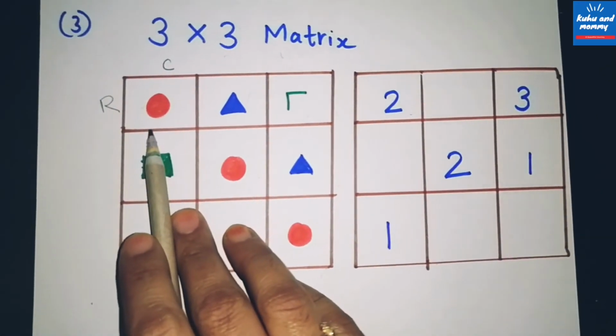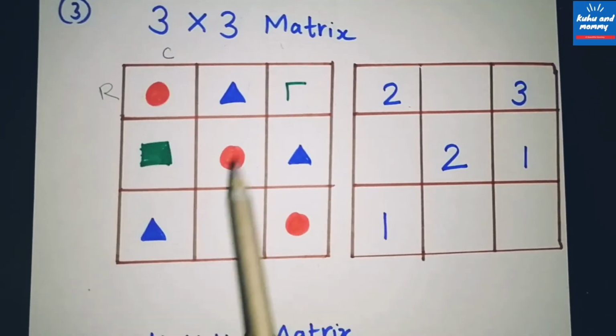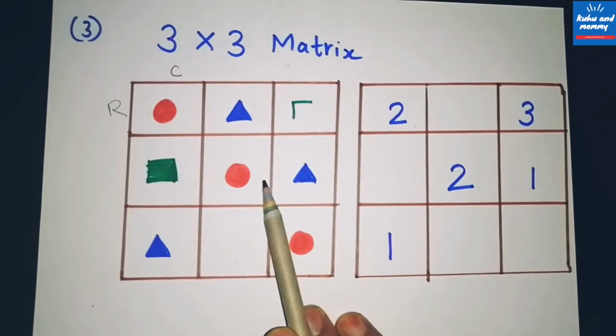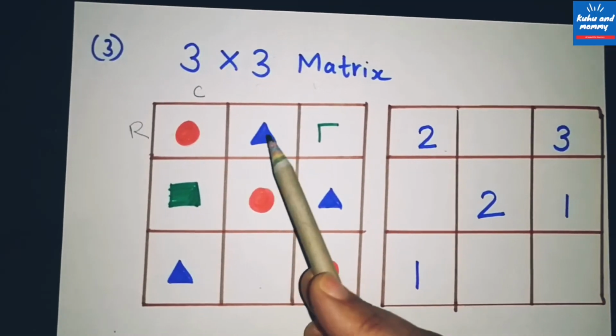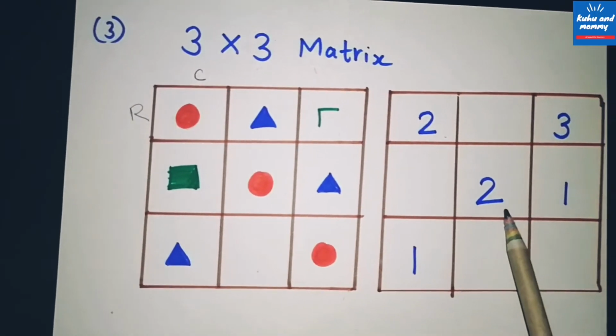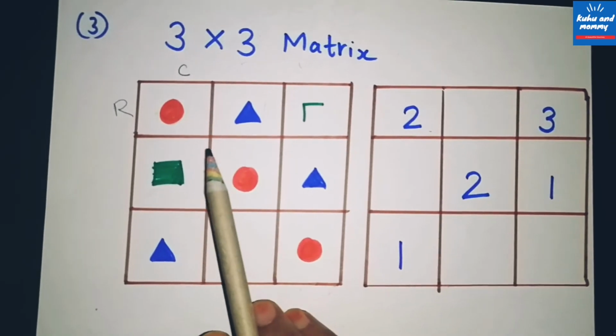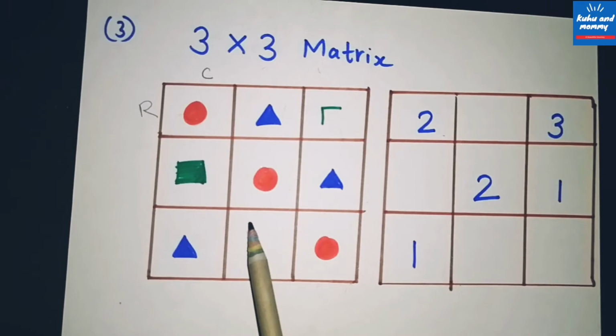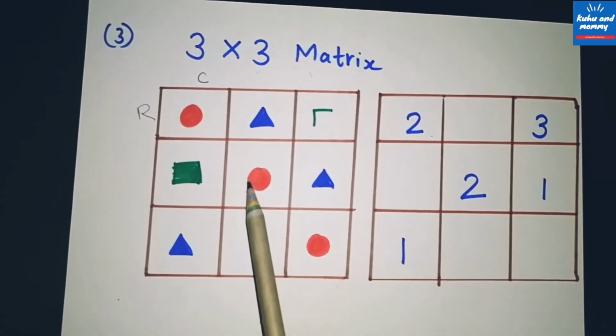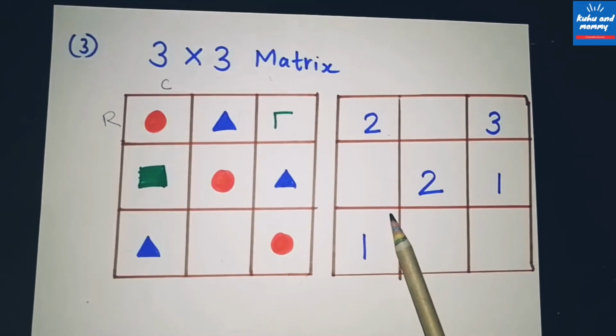So in a 3 by 3 matrix we have 3 rows and 3 columns. We can teach them a 3 by 3 matrix either with the help of colors or shapes or numbers. I would suggest first you do it with colors or shapes or any stickers, and after that you can teach them with numbers.